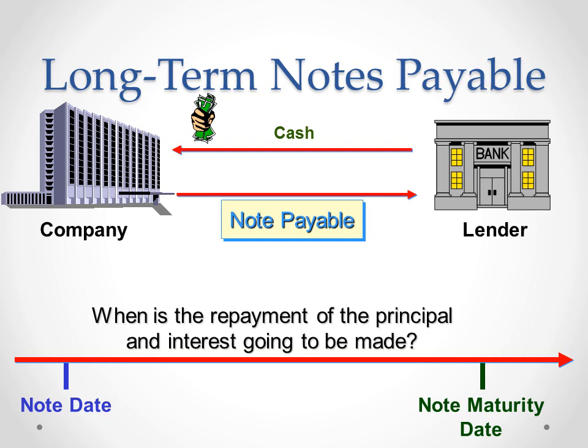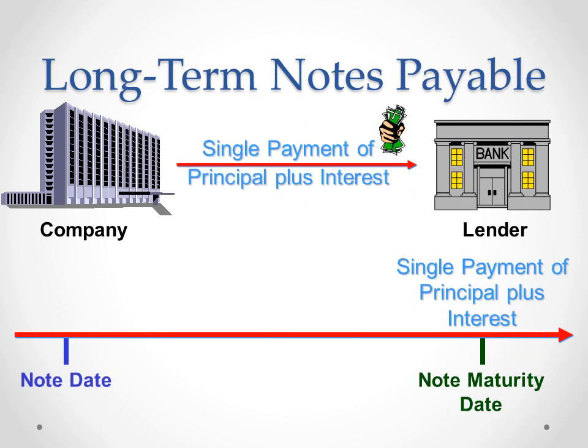At a certain period of time, which we call the maturity date, the company will repay the principal amount plus interest. In some cases, the company will make a single payment of the principal plus the interest at the end of the lifetime of the notes payable, so at the end of the maturity date.